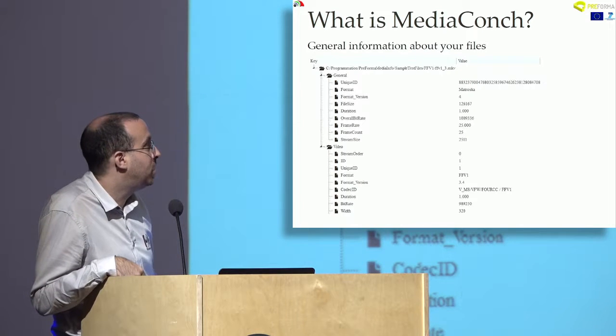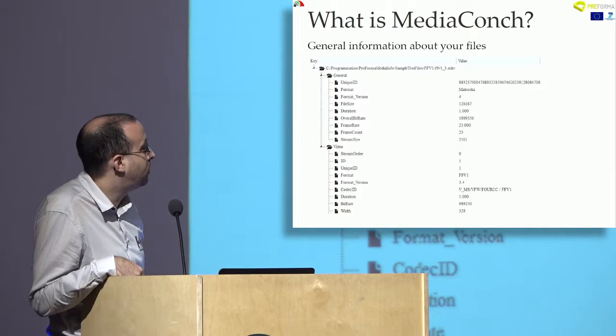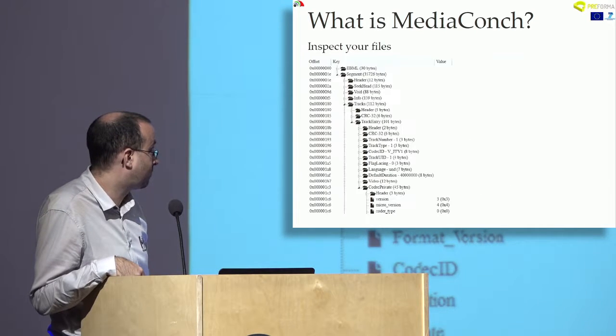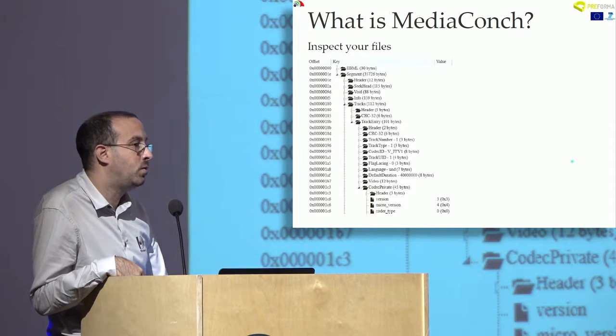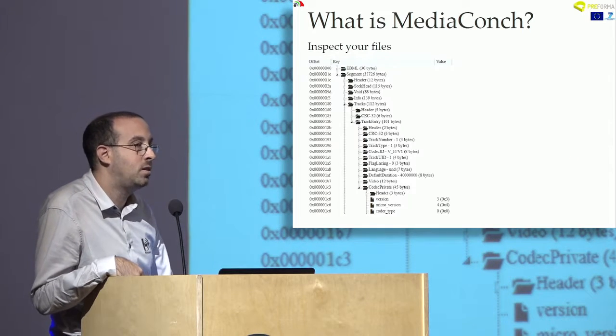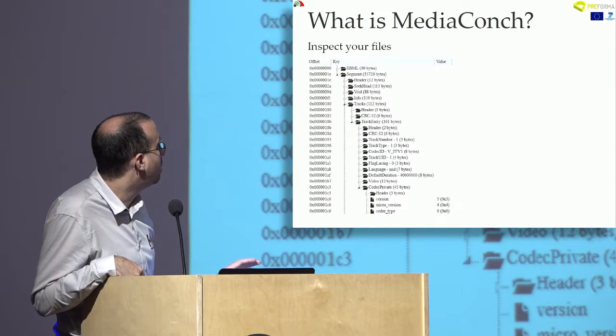You can have a MediaInfo report directly in MediaConch, so it is only a report about the features in the file. And if the report is not enough, you can dig byte per byte in the file. So here we have, for example, a Matroska file.